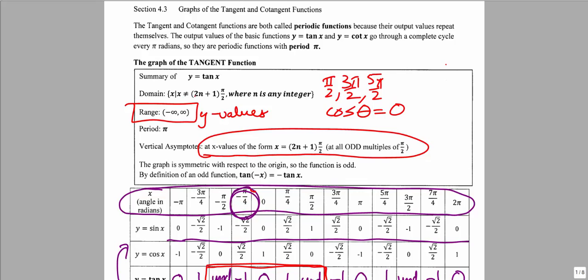So the x values that give us an asymptote occur where cosine is 0. The values that we're not allowed to use in the domain and the asymptotes are exactly the same x values, where cosine is 0. Tangent is an odd function just like sine, and if I put a negative input into tangent, it's the same as the tangent of the positive input with the negative on the outside.